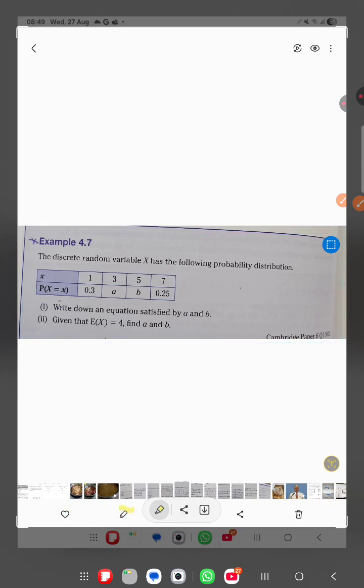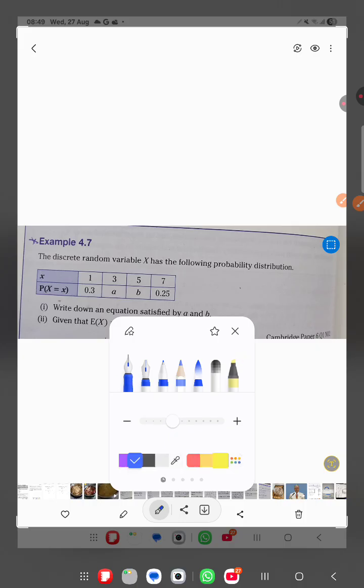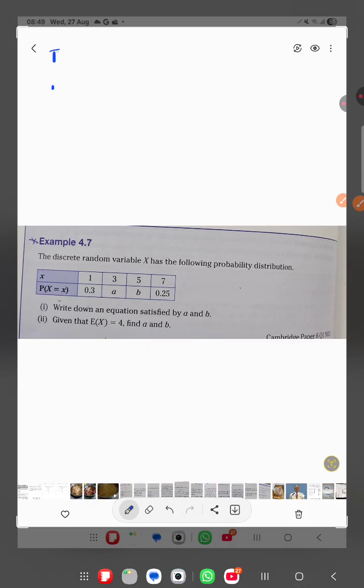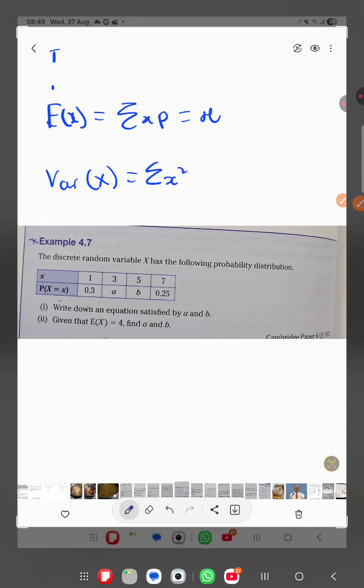Before we attempt the question, maybe it's important that I point out some things to you. So how do I get expectation from a probability distribution table? Expectation is equal to the summation of x times p, right? Otherwise known as mean, mu. Variance, on the other hand, is equal to the summation of x squared times p minus this mean, or minus mu squared, right?